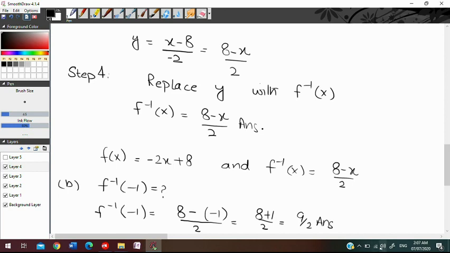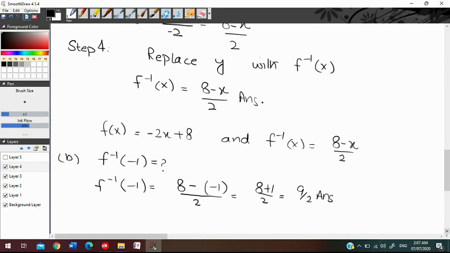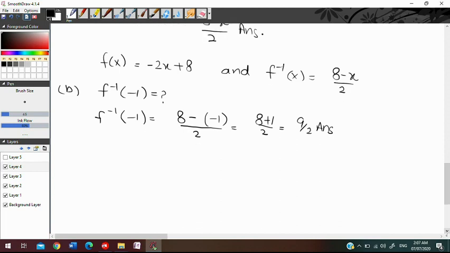Now the third part, in which we have to verify the equation.